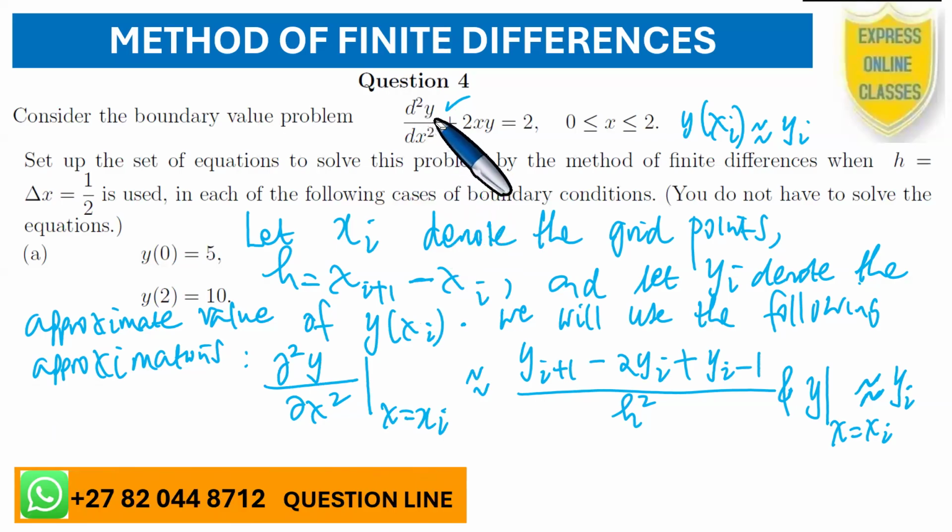So the formula for d squared y dx squared is this one. We saw it last time, but we use it again today.